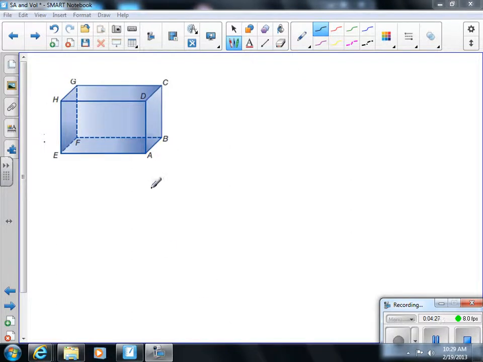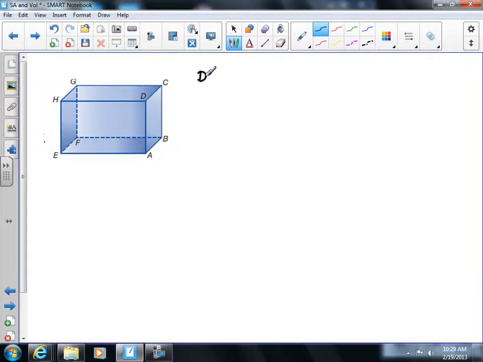Okay, what would be an example of a face on this figure? Okay, a face would be quadrilateral D, C, B, A, and you usually put them in order as they're given if you were to be tracing around them. Okay, what about a skew line? Can you give me a pair of skew lines? Like what would be skew to segment HD?